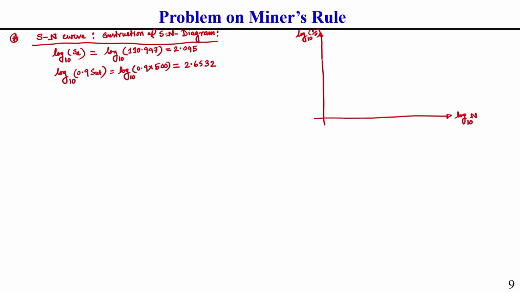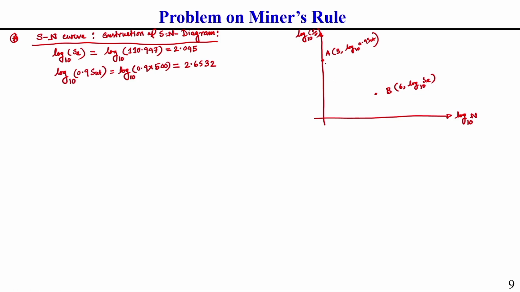First of all, we need to find the A point. The A point you can write as 3 comma log 10 of 0.9 ultimate stress; I have already explained these things. We need to define another point, our B point, which is 6 comma log 10 endurance strength.